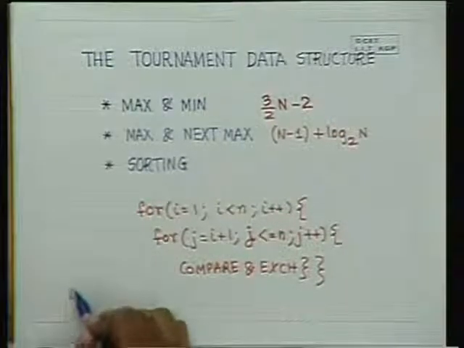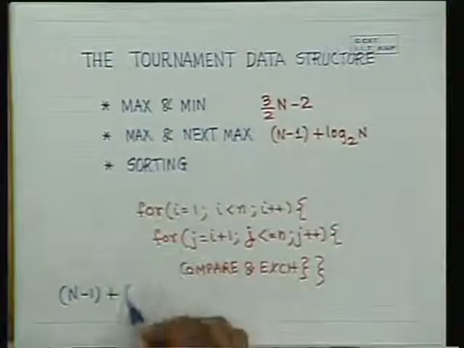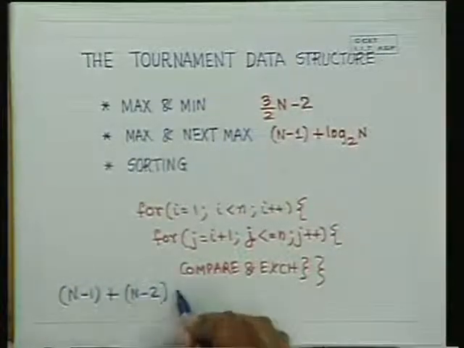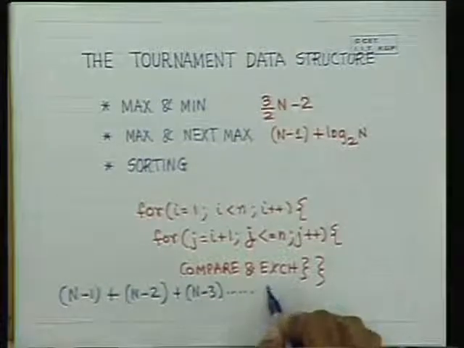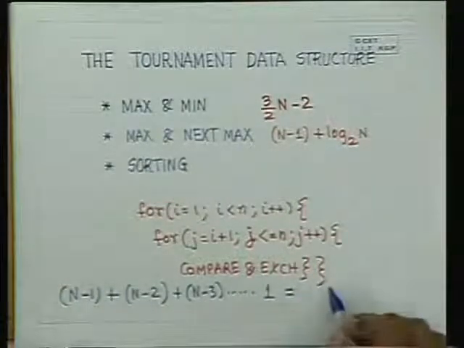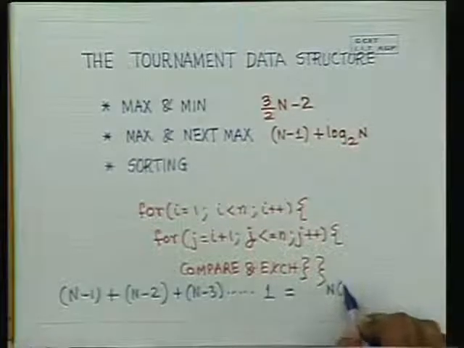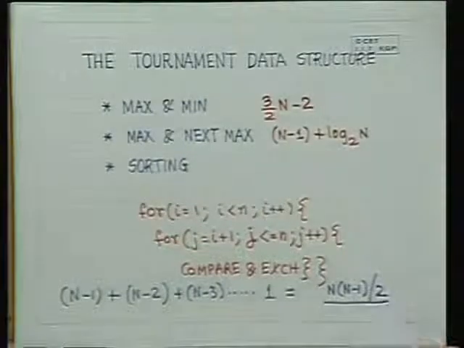So the total number of comparisons is n minus 1 plus n minus 2 and so on, which is n into n minus 1 by 2. So many comparisons we are going to do in all the traditional sorting examples that we have done.